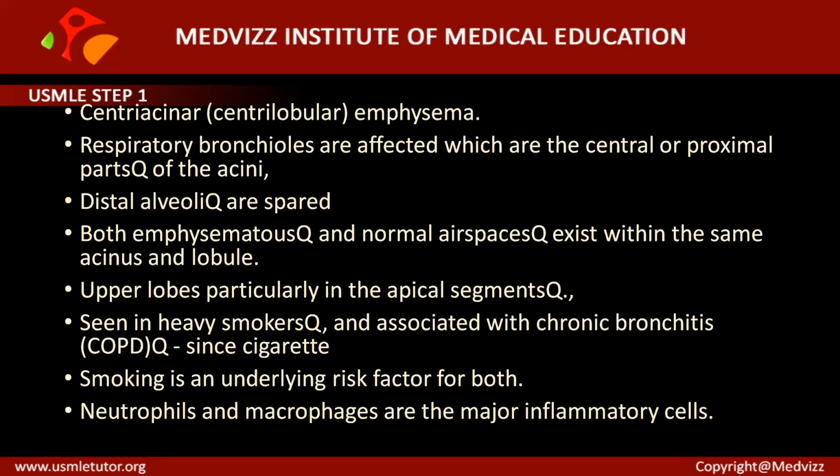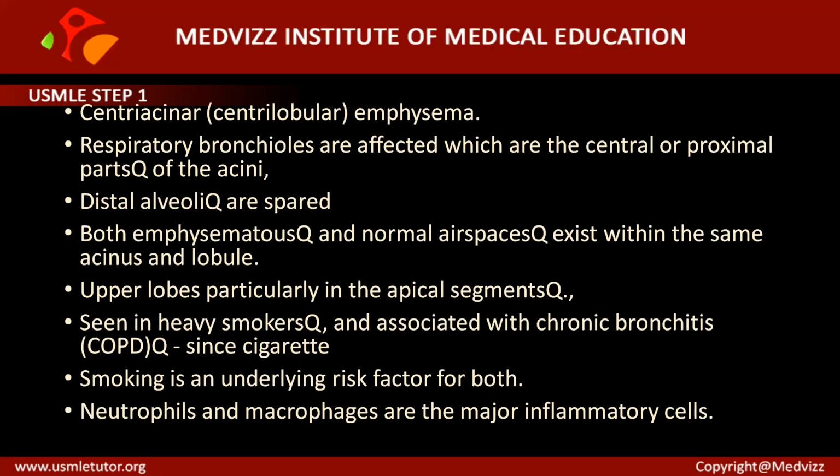There is no pathology in the distal alveoli. Here both emphysematous and normal air spaces exist within the same acinus as well as the lobule. This is a very important point, because some of the alveoli are damaged and undergo destruction of the alveolar walls. Those damaged and destroyed alveoli are called emphysematous air spaces, and the normal air spaces mean normal alveoli and normal alveolar walls.